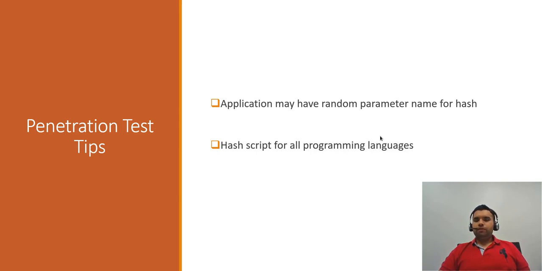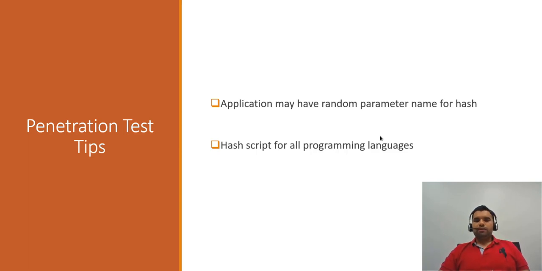So for example, if instead of MD5, someone is using SHA-512, then the value of the parameter would be much longer, almost twice or thrice that of MD5. So there are some visible differences where you can figure out what kind of hashing technique the developer has used. And of course, most of the industry standard algorithms are either MD5 or SHA, those are the ones that the developer is going to use.